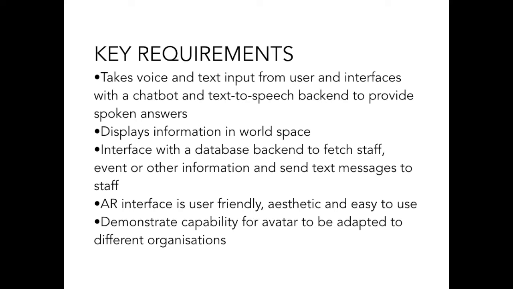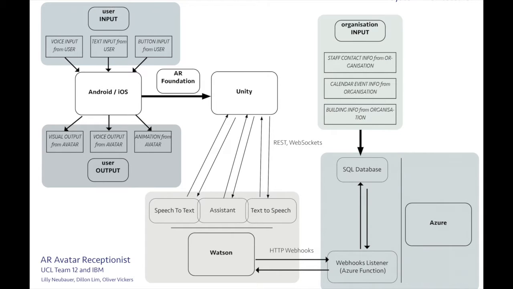It should also be as friendly and easy to use as possible with appropriate user prompts. And we have tried to demonstrate the capability for the avatar to be adapted to different organizations such as healthcare or educational settings. Here you can see a diagram of our system architecture showing the main parts of our system.